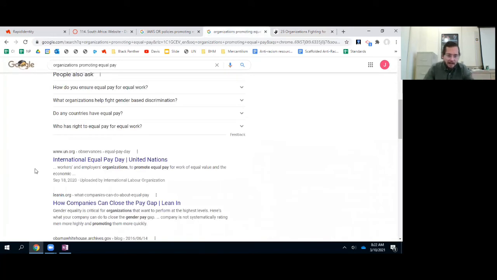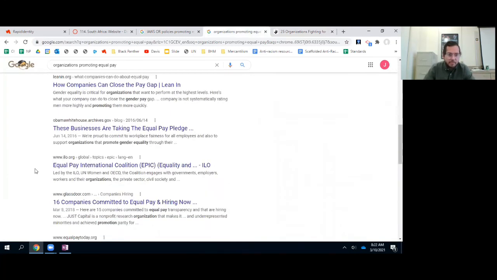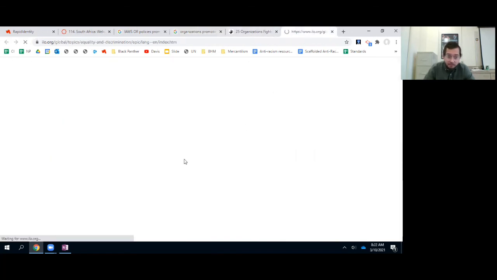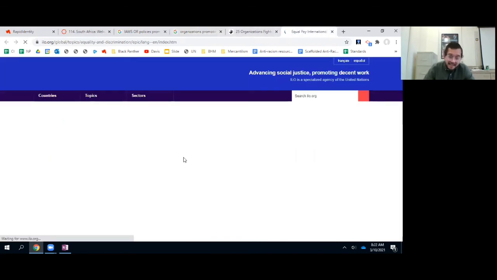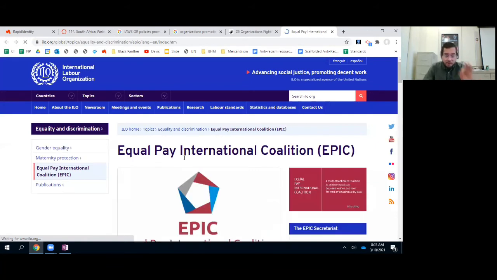What are their action items? Oh, here's Equal Pay International Coalition. So you're going to have to explore and come up with 3 action steps to help address your issue, that you've picked.